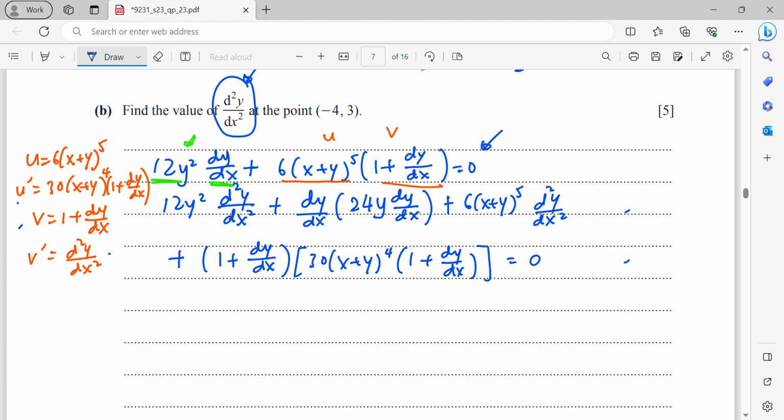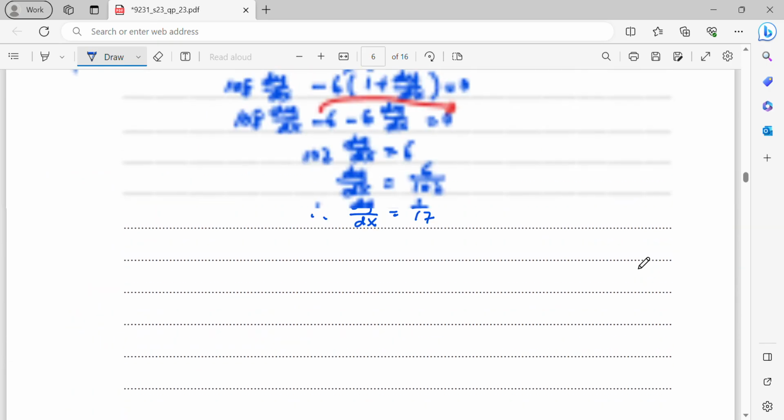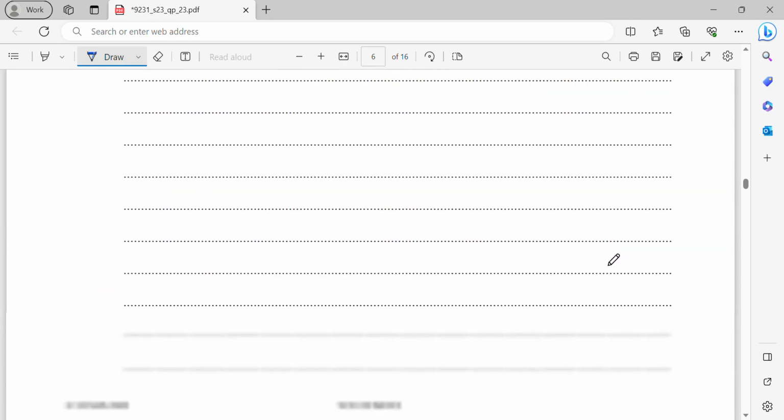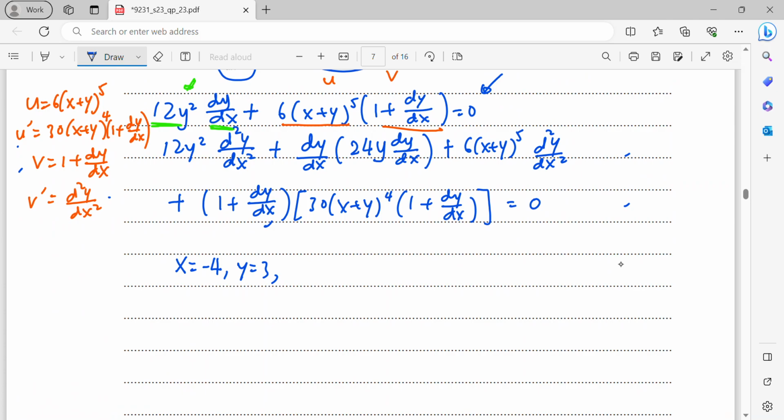I have two lines here. So now, just replace x by -4, y by 3, and at the same time, I have the dy/dx here. So the dy/dx we have found in the previous part, which is 1/17. Which means your dy/dx equals to 1/17. So replace all these values.